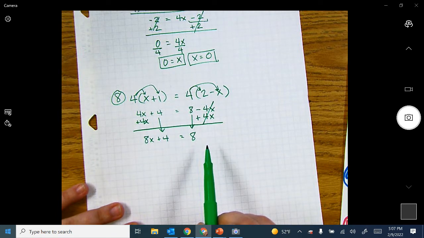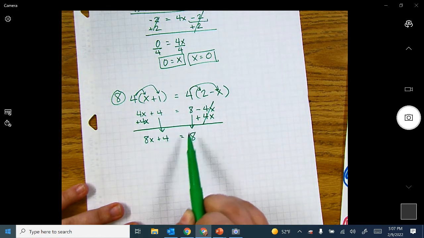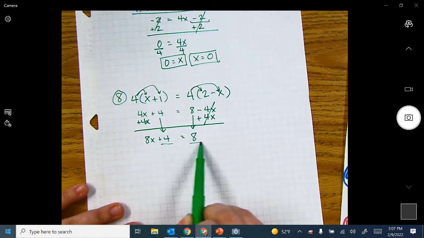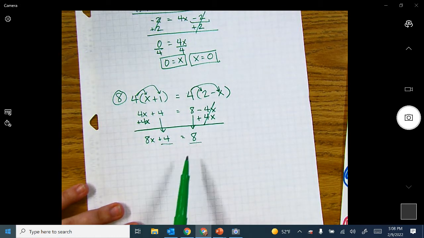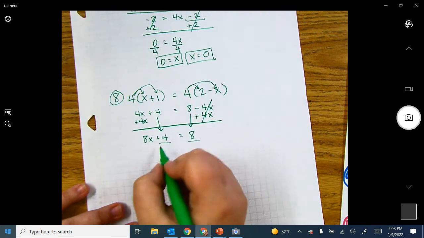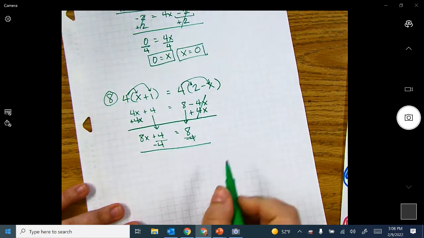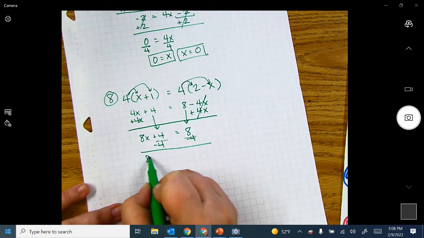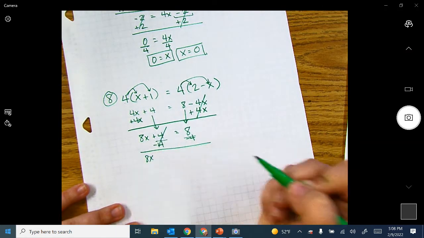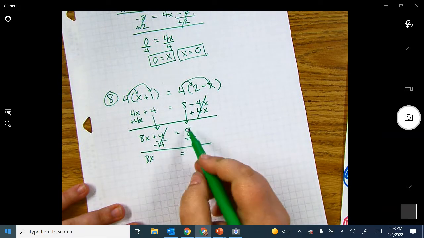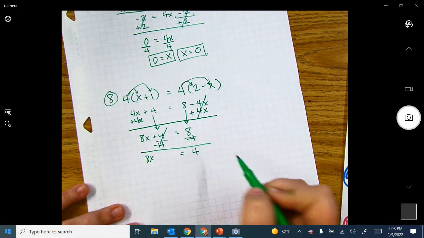So my next step is to care about these ones. Okay, so I have ones on both sides of the equal sign. So I need to get them all over here on the right. So I'm going to take away 4 from both sides. Here I have 8x because 4 minus 4 is 0. Over here, 8 minus 4 gives me 4.